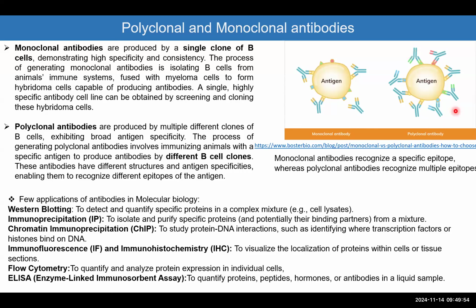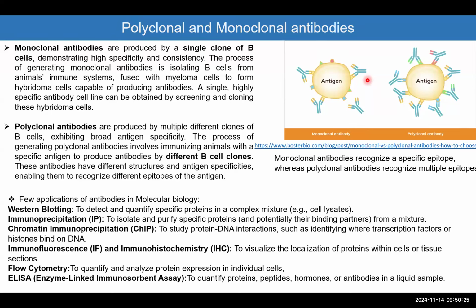All the four different antibodies that we see here are against the antigen, but each one of them is detecting a different epitope. So this is a polyclonal antibody. Therefore, the specificity of a monoclonal antibody is much higher than a polyclonal antibody, because polyclonal antibodies are a mix of multiple antibodies, while a monoclonal antibody is a single type of antibody molecule.